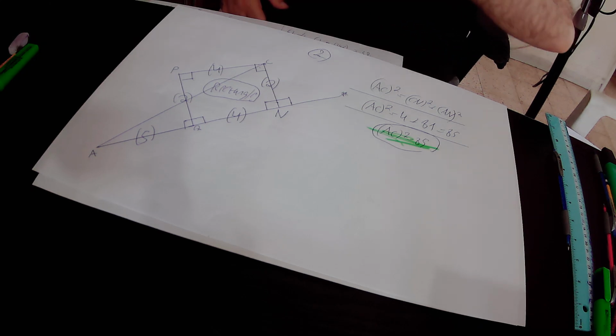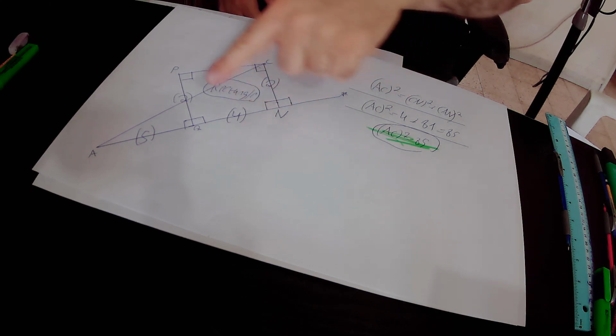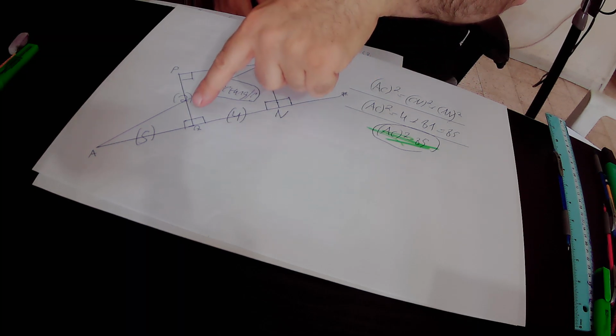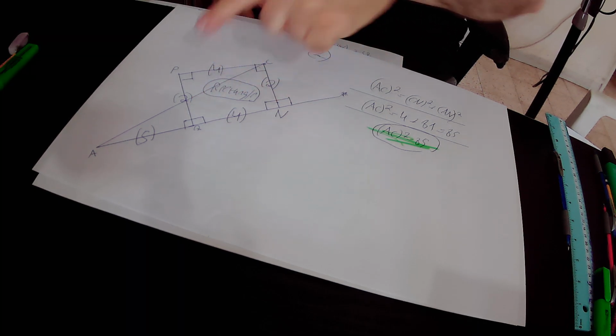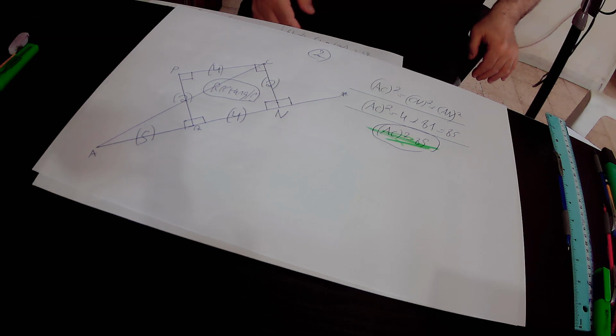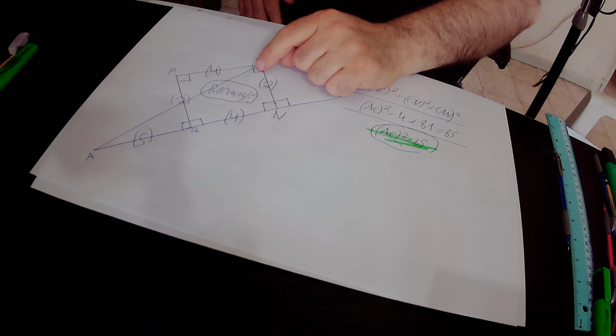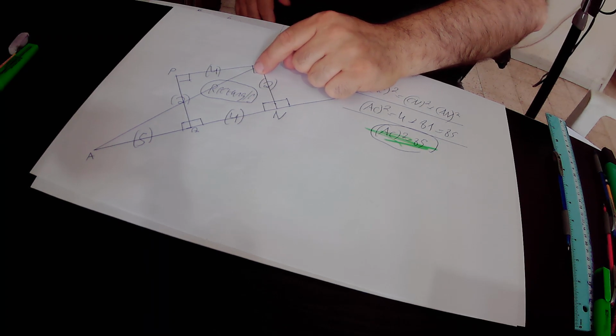By doing this construction, we created a quadrilateral PCNQ. Inside this quadrilateral PCNQ, we have 1, 2, 3 angles. 3 right angles. The sum of 3 right angles is 270 degrees, so 270 degrees plus the size of this fourth missing angle must equal 360 degrees, according to the rule that the sum of the angles in any quadrilateral is equal to 360 degrees.